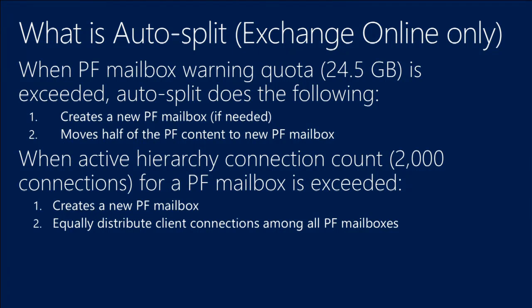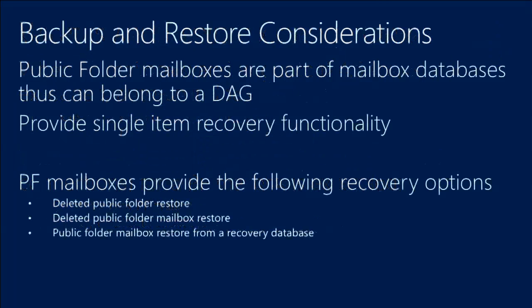And by default, Exchange spreads the connections across all the public folder mailboxes that are available. Yeah? So let's assume you have 5 mailboxes and 10,000 users, that's absolutely fine. Yeah, but if you only have one public folder mailbox, at some point in time, Exchange Online would create additional mailboxes automatically for you. So Exchange takes care of automatically distributing the load between all the public folder mailboxes.